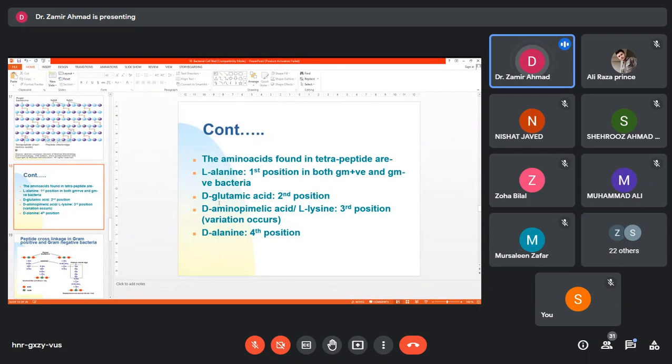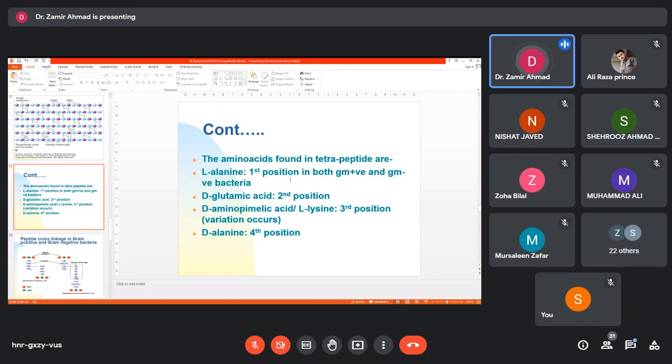So the second position is occupied by D-glutamic acid, and the third position is occupied by D-amino pimelic acid or L-lysine. Any of these could be present at the third position, while the fourth position is always occupied by D-alanine.